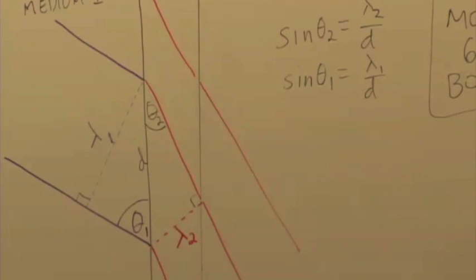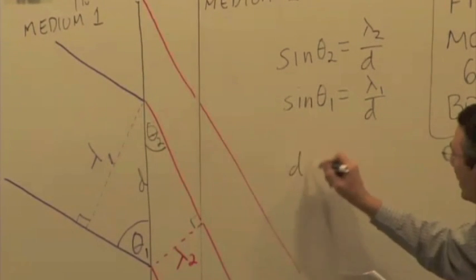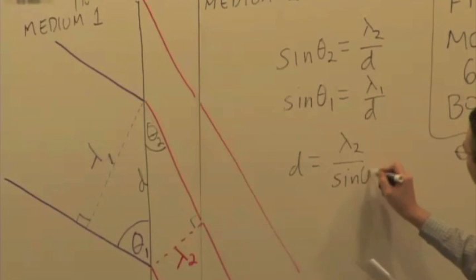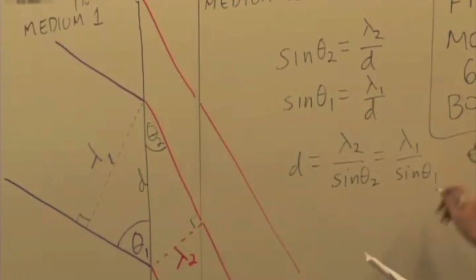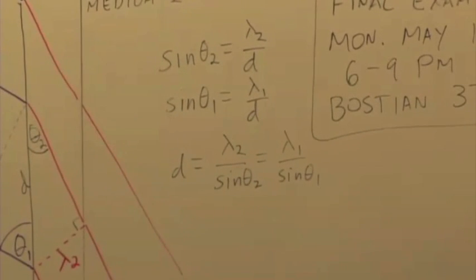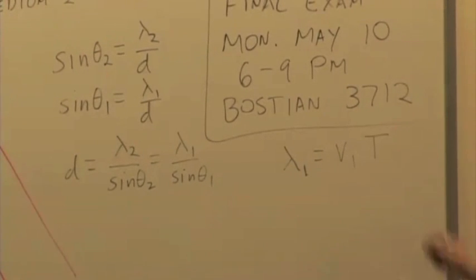I can do a little rearranging here and come up with d equal to lambda 2 over sine theta 2, and that's equal to lambda 1 over sine of theta 1. So those two things are the same. We also say that the wavelength is equal to the speed v1 times the period, or speed divided by the frequency.